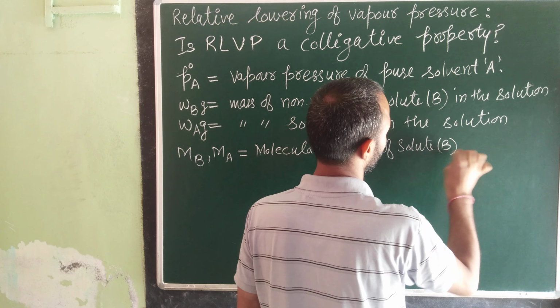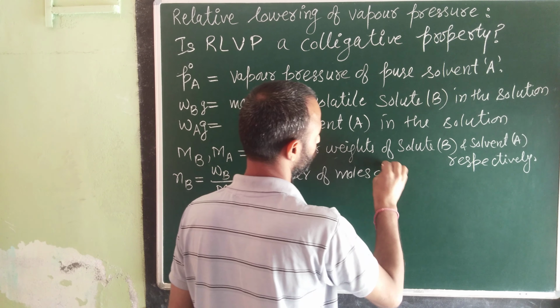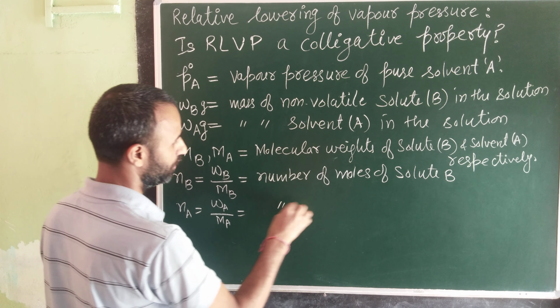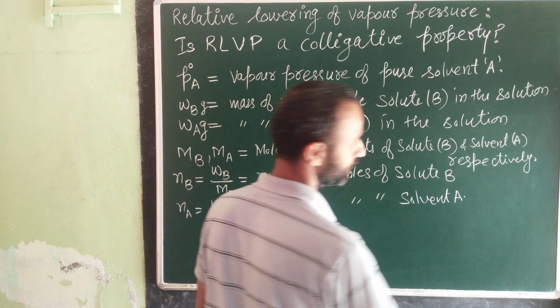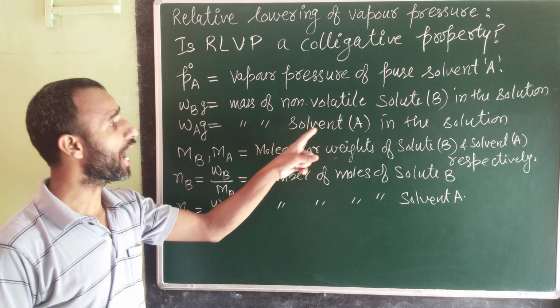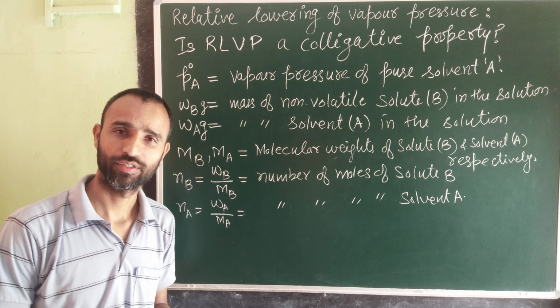And NB, that is equal to WB by MB, are number of moles of solute B in the solution, and NA, that is WA by MA, number of moles of solvent A. Right? Now, when we add non-volatile solute in the solvent, what happened?